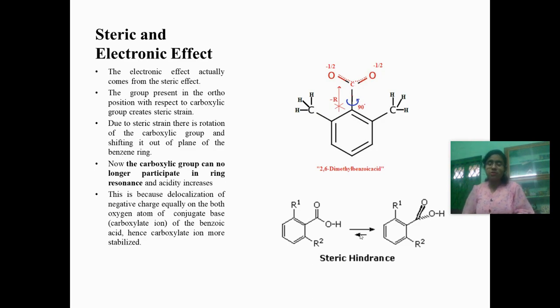Why the size of the substituent? Because there is already repulsion. The more the repulsion, the more the ortho effect, the more the stabilization of the conjugate base, and then the more will be the acidity. This is all about the ortho effect. Thank you so much for watching the video.